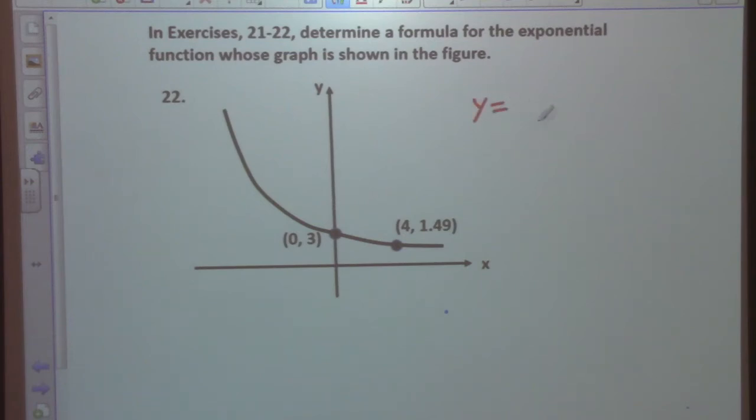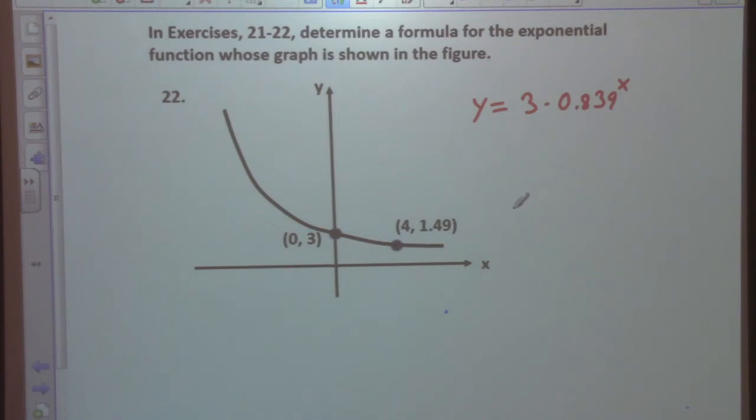y equals 3 times 0.839 to the power of x. I think that's the version the book has too. And how'd you do that?